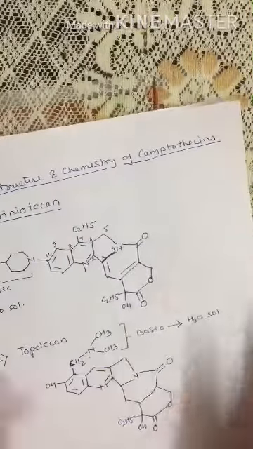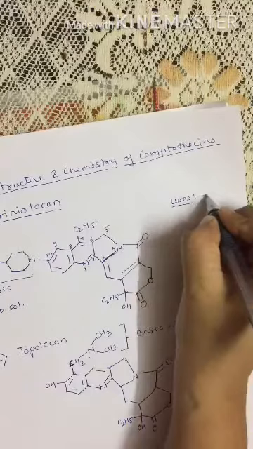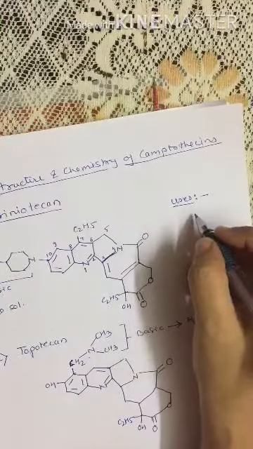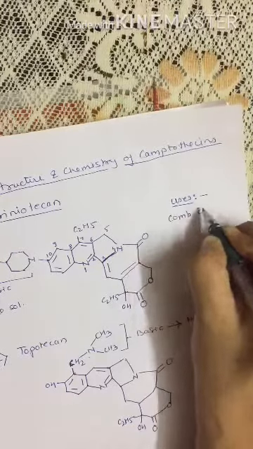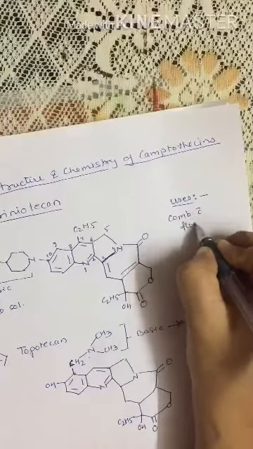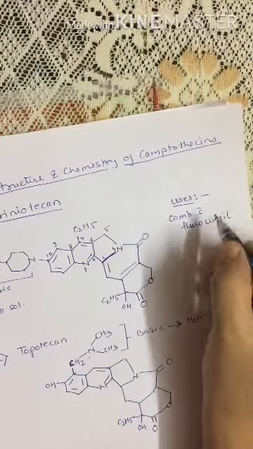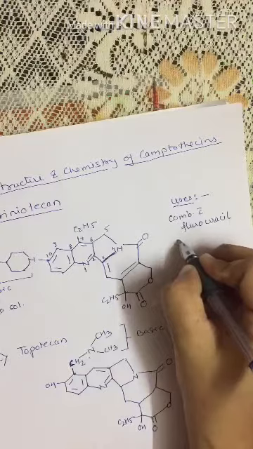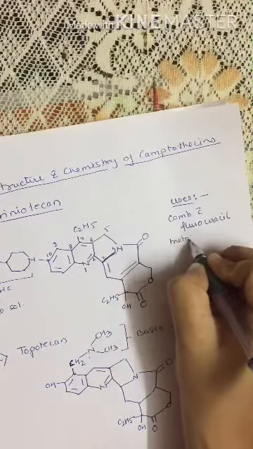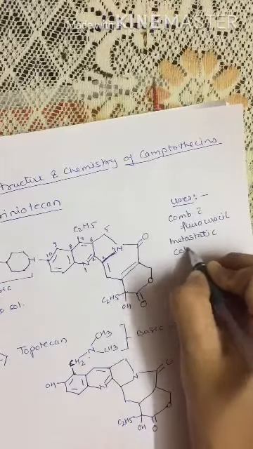Irinotecan uses: they are given in combination with fluorouracil as a first line therapy for metastatic colorectal cancer.